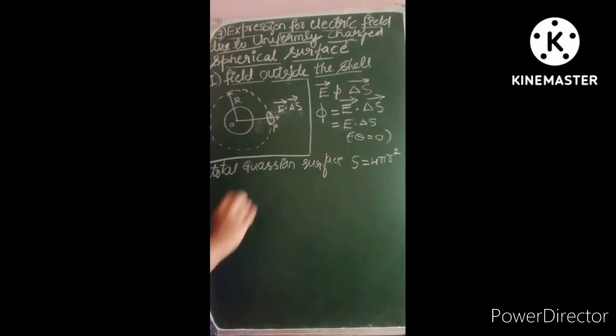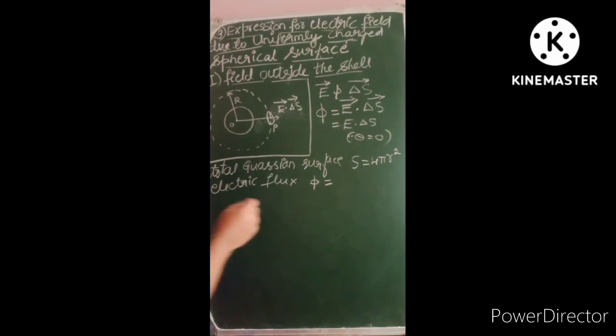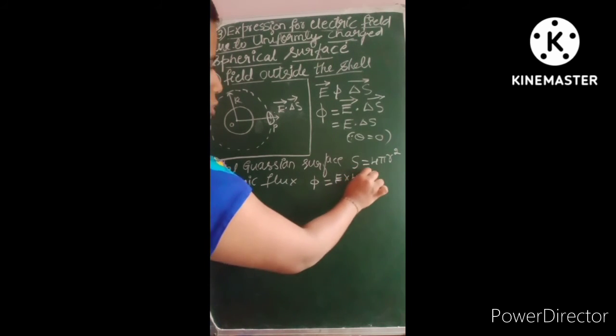The total Gaussian surface S is equal to 4 pi r square, and the electric flux phi is equal to E into 4 pi r square.